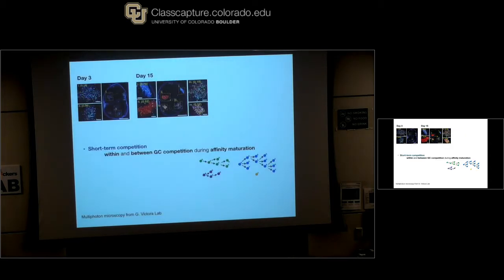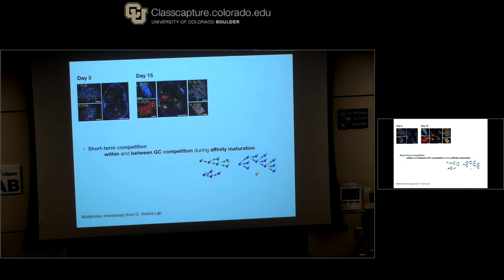And the reason that it's complicated is we have quite a bit of competition among lineages in our repertoire. I mentioned that there are germinal centers, so this GC, that are formed during affinity maturation. The pictures that I'm showing you here are multiphoton microscopy, using rainbow techniques in Gabriel Victora's lab to stain different naive B cells that undergo affinity maturation in a lymph node.